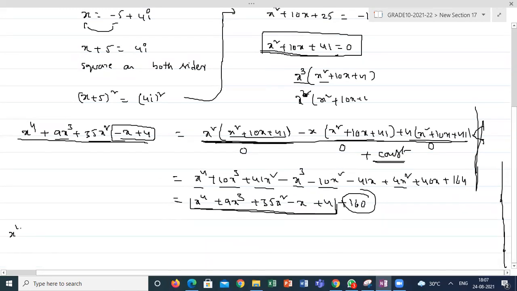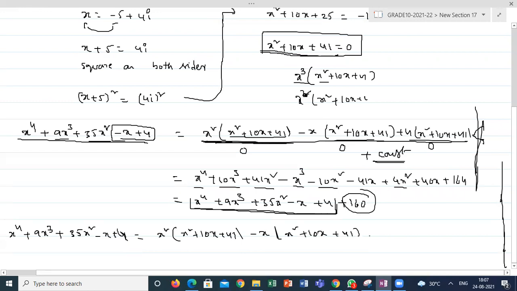The given expression x power 4 plus 9x cube plus 35x square minus x plus 4 can be written as x square into x square plus 10x plus 41, minus x into x square plus 10x plus 41, plus 4 into x square plus 10x plus 41, plus 161. Correct?